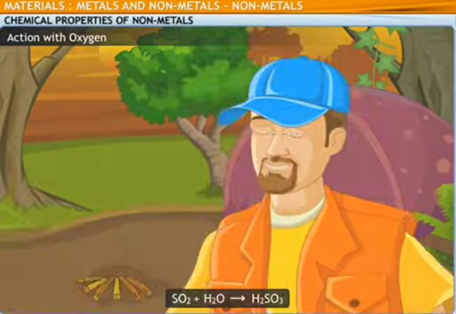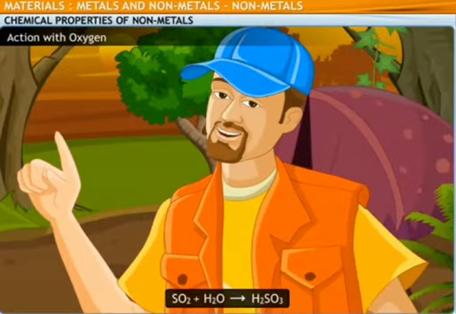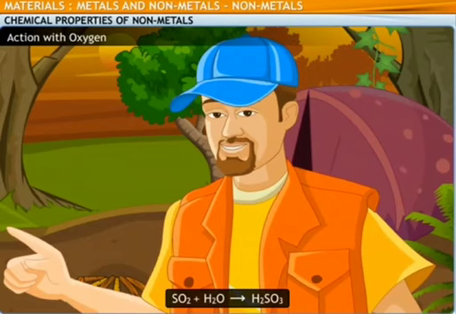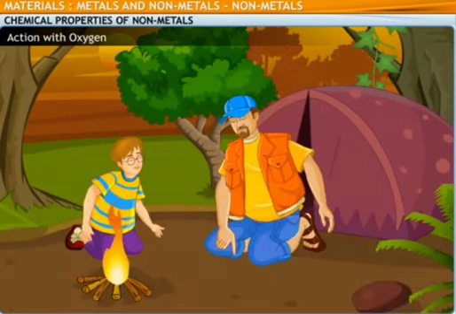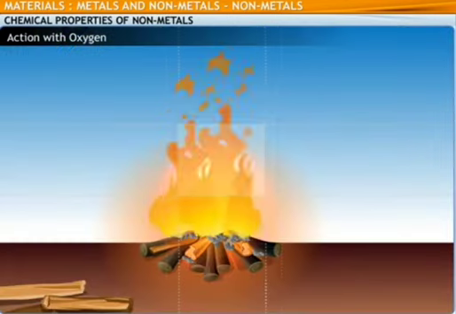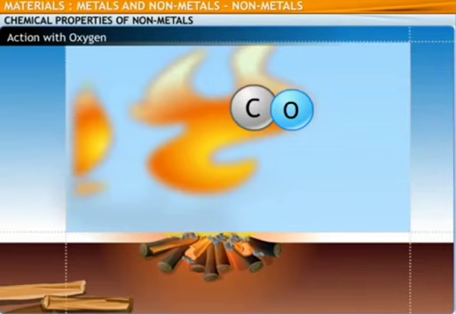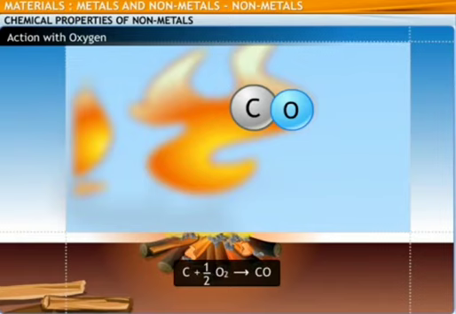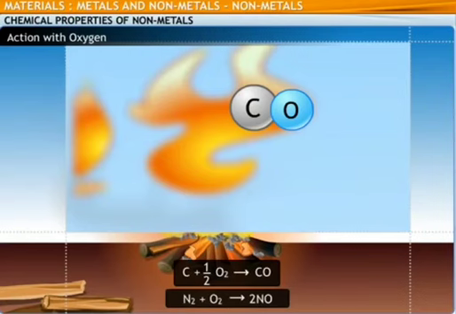From this, we can conclude that non-metal oxides are acidic in nature. Observe the bonfire. In this bonfire, if there is a partial combustion, carbon monoxide is produced. This is a neutral oxide. Nitric oxide is another example of a neutral oxide.